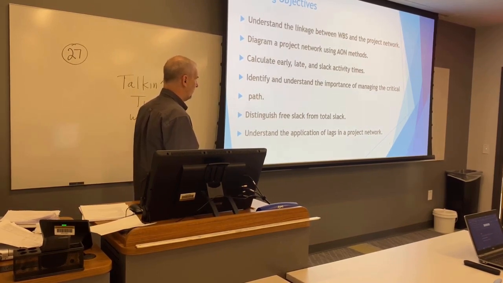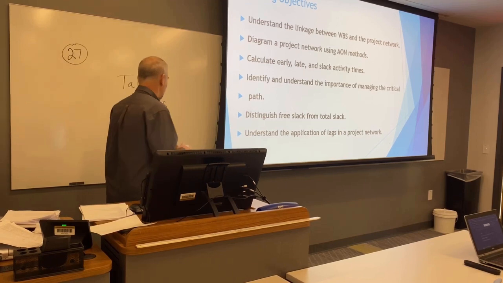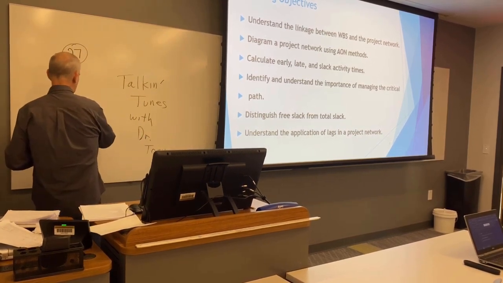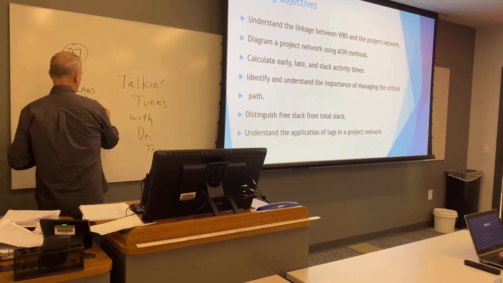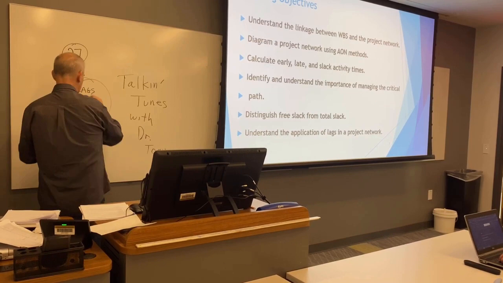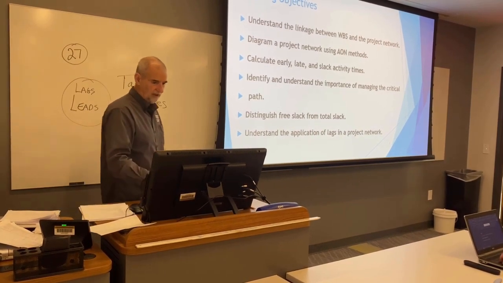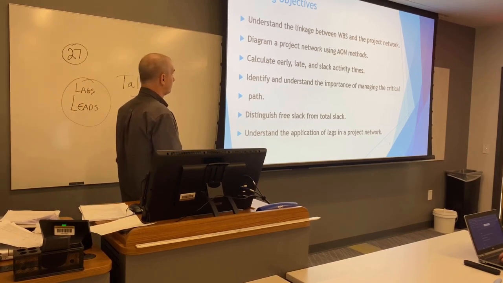Then we're going to talk about slack, and then we're going to talk about lags. And I'm going to add one that's not in the book and not in the slides. It's called a lead. So you have lags and you have leads. That's not in the book, so make sure that you pay careful attention. So that's our agenda for today.